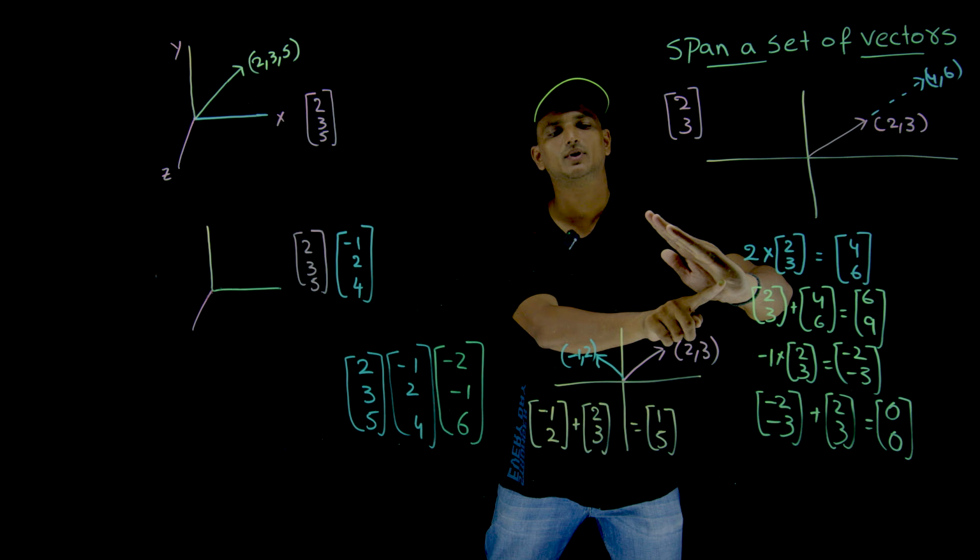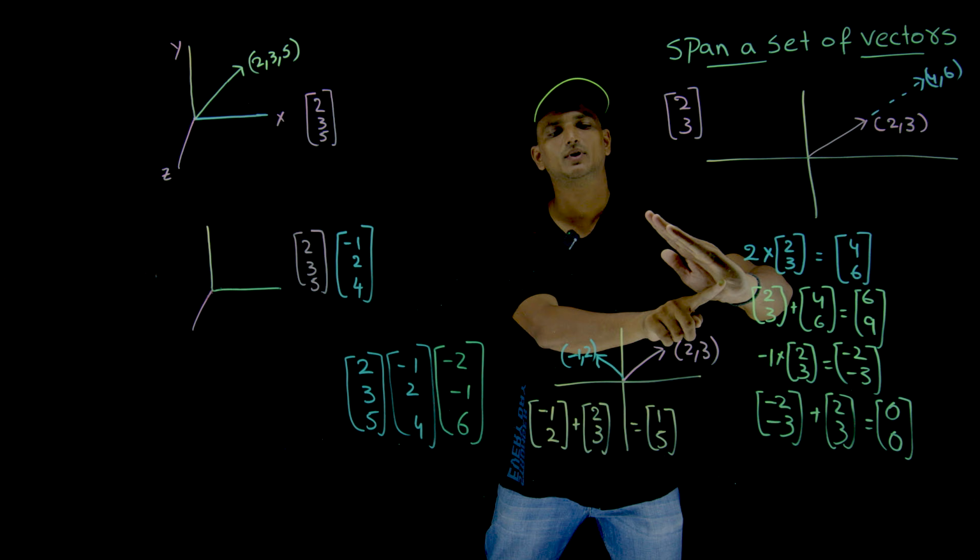That is 4, 6. You got a new vector. This new vector is in the same direction, but the length increases. So 4, 6 is a new vector which you got from 2, 3 by multiplying with a scalar.